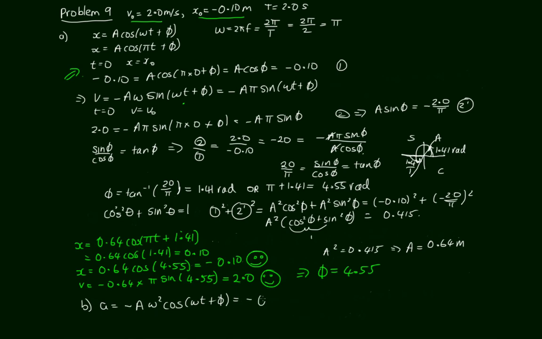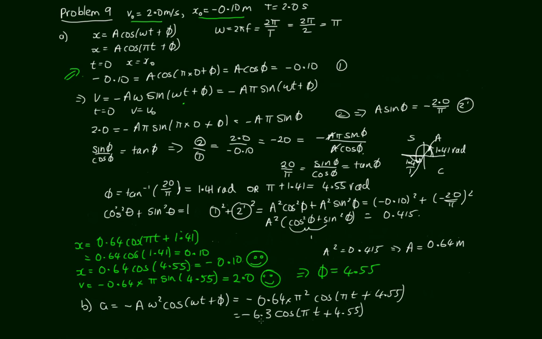So we've got minus 0.64 times omega squared, so that's pi squared, cos of pi t plus 4.55. And so that is equal to minus 6.3 times cos of pi t plus 4.55. And so that's the answer to this one.